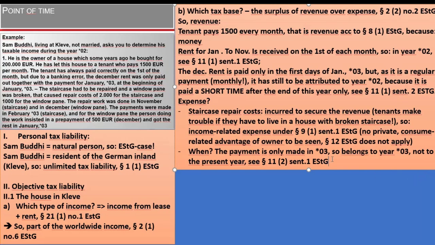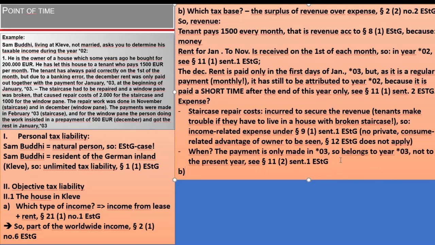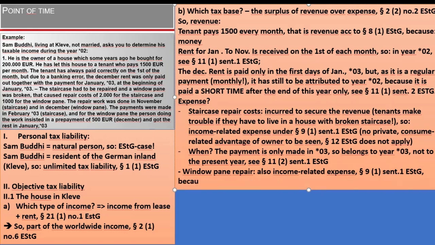So as we know this now, back to the case. This was the staircase, and now let's call it B. Or let's call it nothing. Just let's write: the window pane repair is also income related expense because repair is done to secure the income from rent.